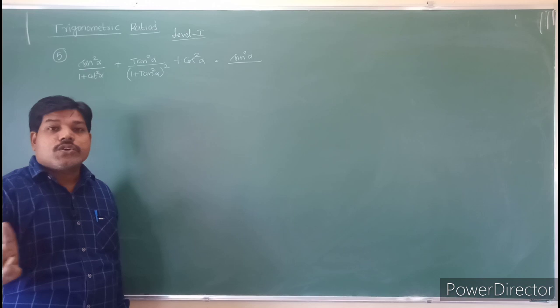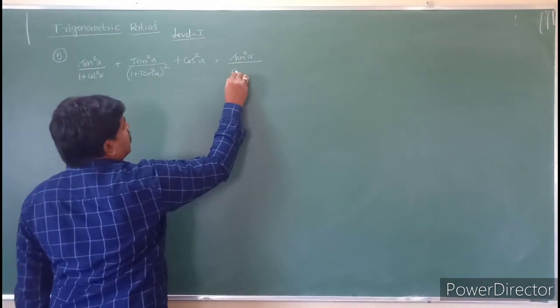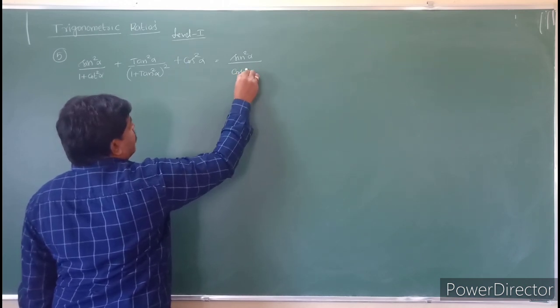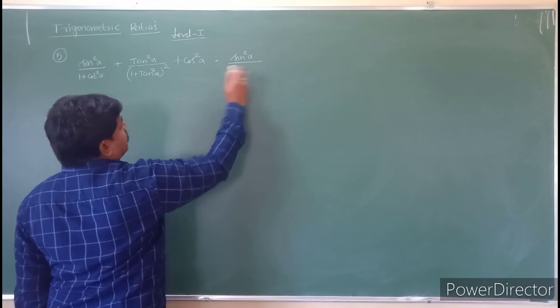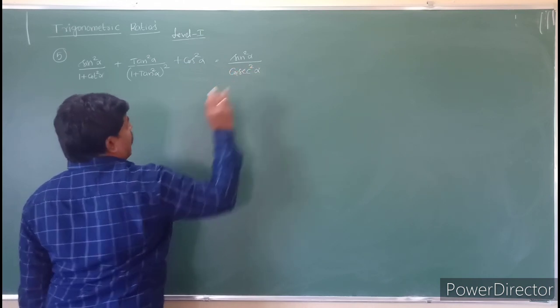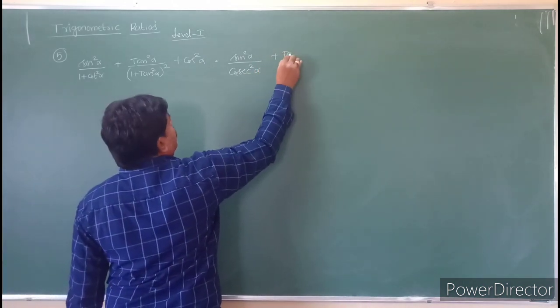So cosecant square theta is equal to 1 plus cot square theta. So 1 plus cot square alpha is nothing but cosecant square alpha.